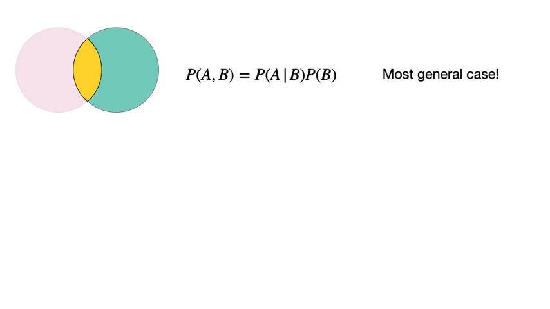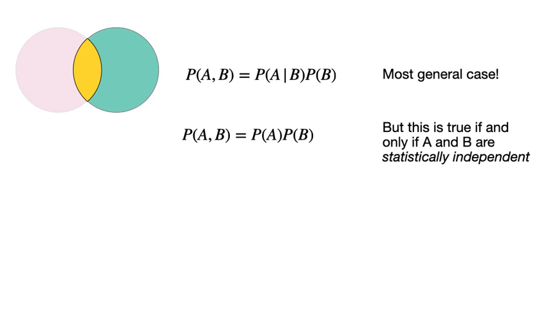Okay, so here's a reminder of where we're at. The probability of A and B both occurring can be seen as the probability of A given B has happened, multiplied by the probability of B. This is the most general case.